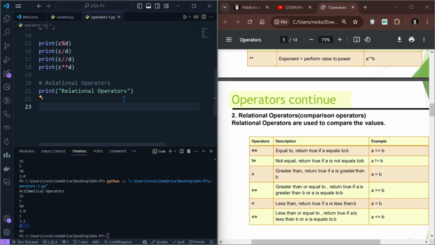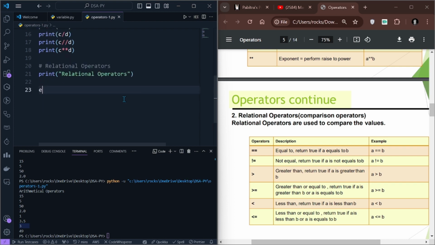Here I am going to create 2 more variables. Let's suppose e contains 10, and let's suppose f is 15.